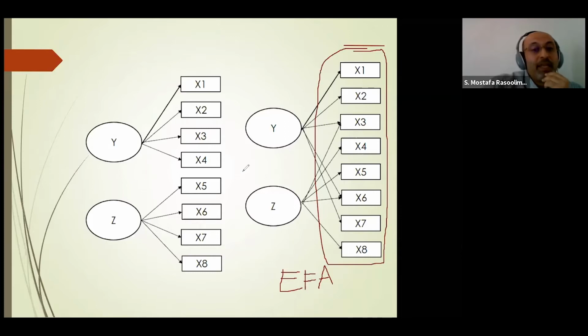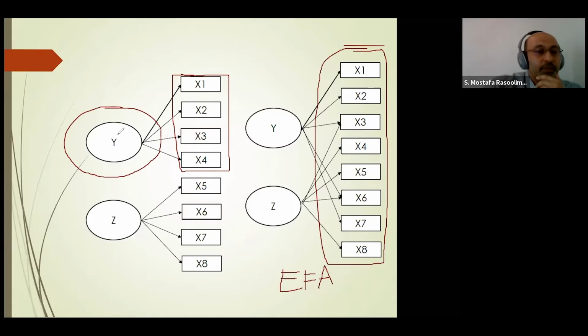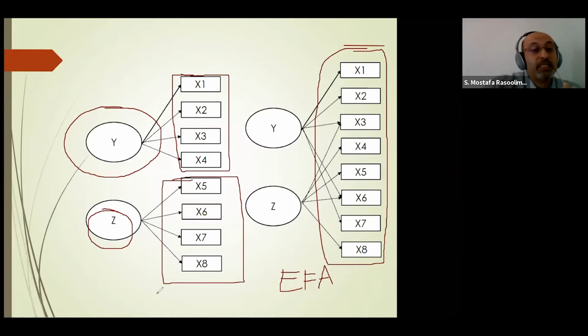But if we have literature, if we have some support, and we know based on prior knowledge that x1 to x4 actually belong to y, and x1 to x4 represent the meaning of the y construct, right? And x5 to x8 belong to z, so they represent and establish the meaning of the z latent variable.